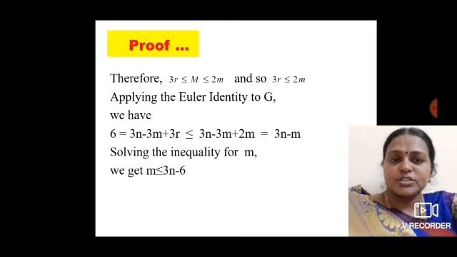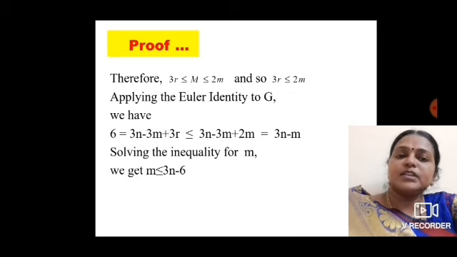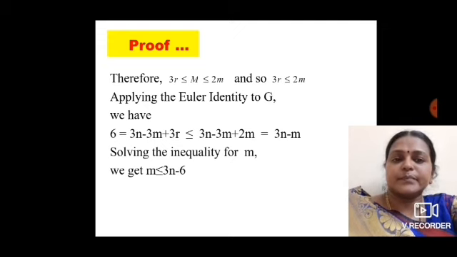Applying the Euler identity to G, we have 6 equal to 3n minus 3m plus 3r, which is less than or equal to 3n minus 3m plus 2m, which is equal to 3n minus m. Solving the inequality for m, we get m less than or equal to 3n minus 6.